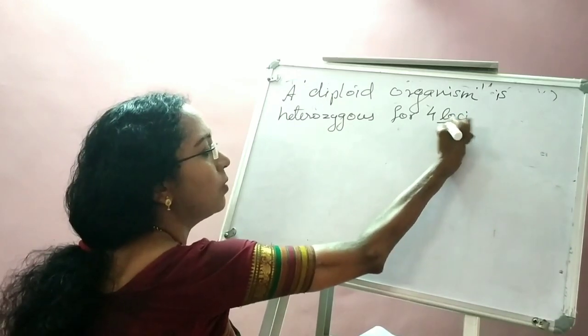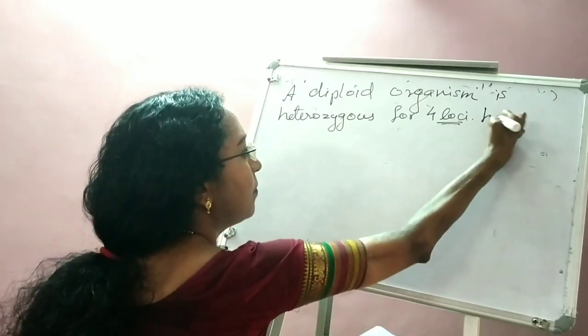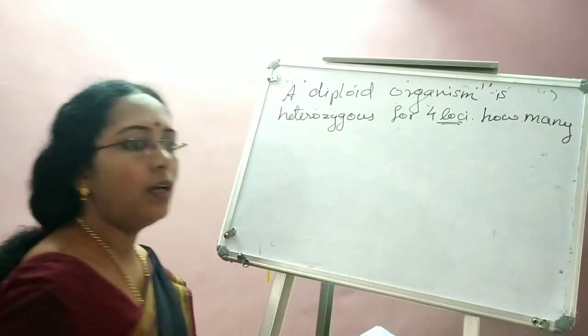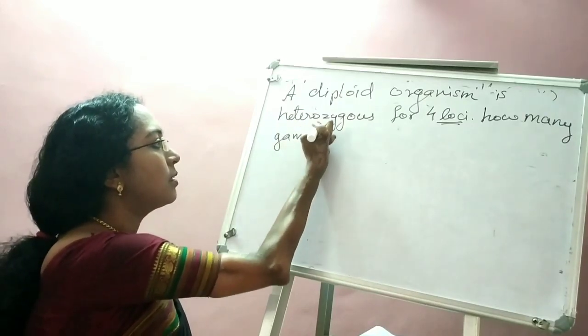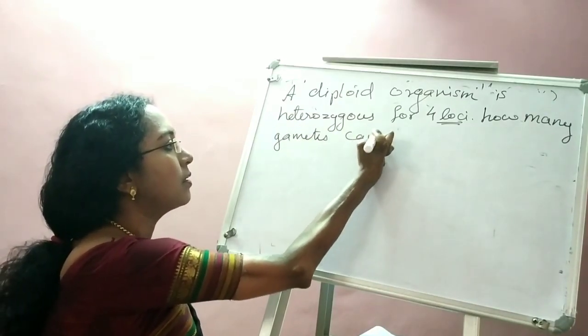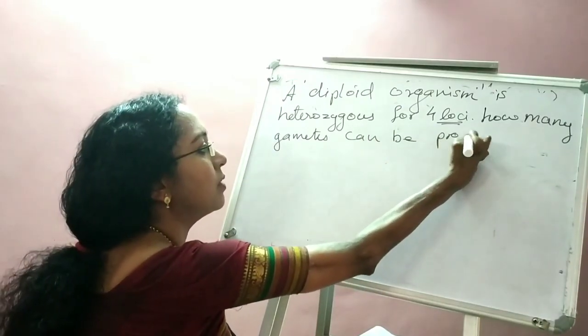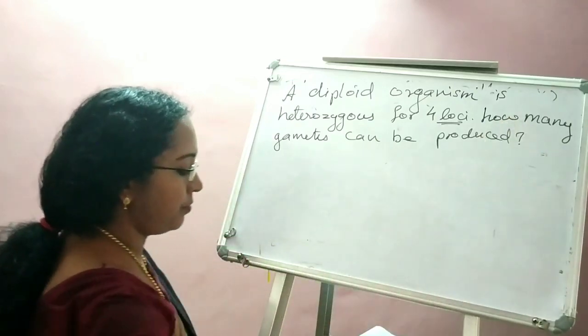I'll tell you what these loci are. For 4 loci, how many gametes can be produced? How many gametes can be produced from it?